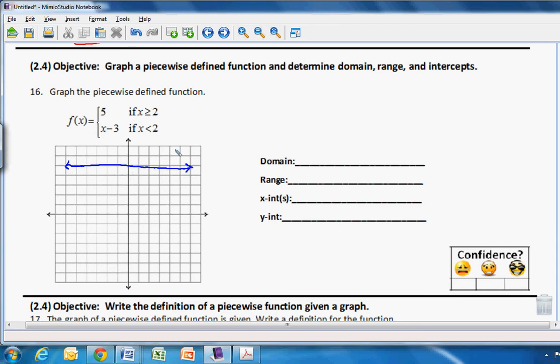But in this case, any of my x values have got to be greater than or equal to 2. So I need to actually go over to 2, and I'm going to have to erase this whole section. I need to get rid of it because it has to be greater than that cut line.